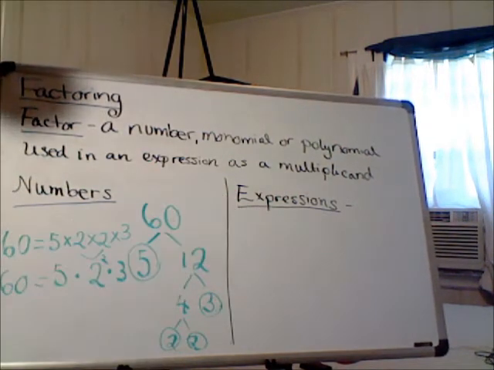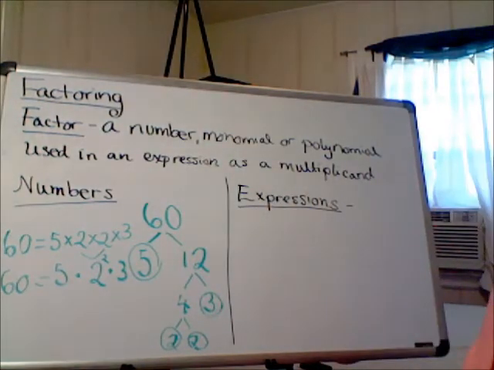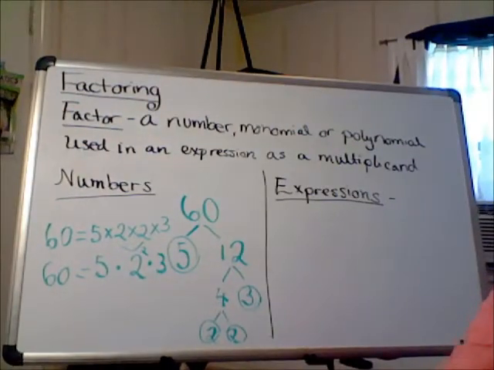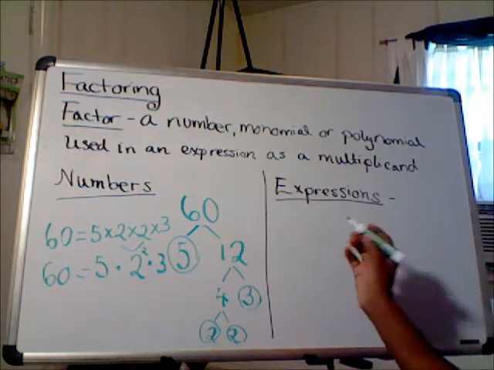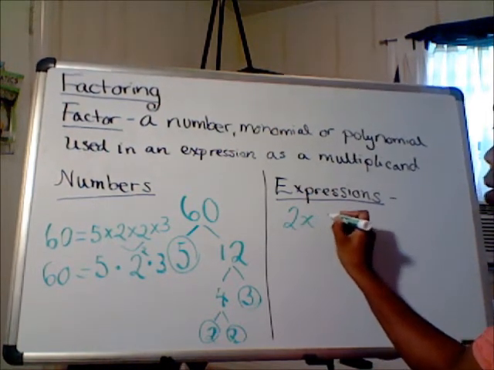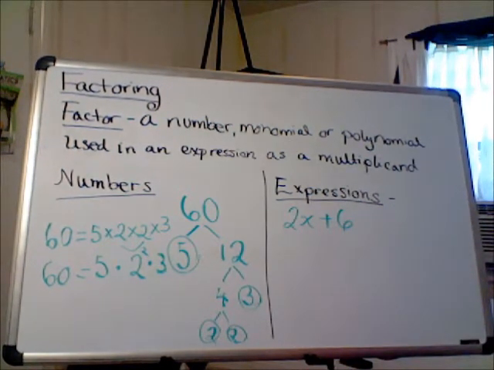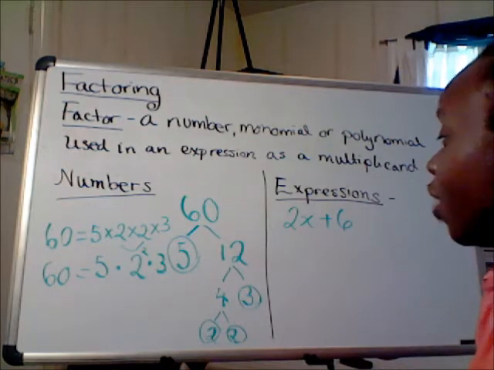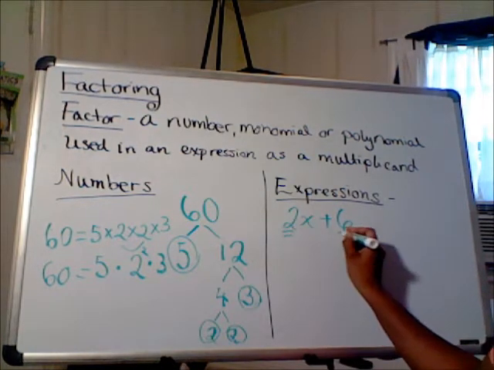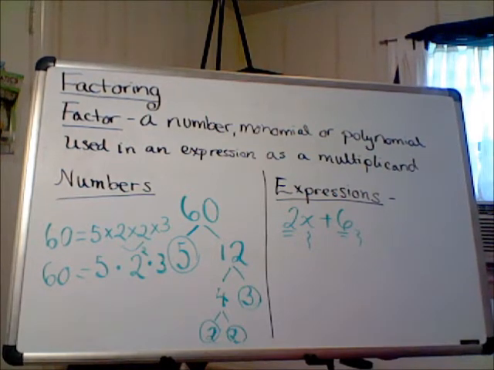Let's talk about factoring an expression. If I wanted to factor this expression, 2x plus 6, I need to figure out what 2x and 6, and if there are any variables, what do they have in common?